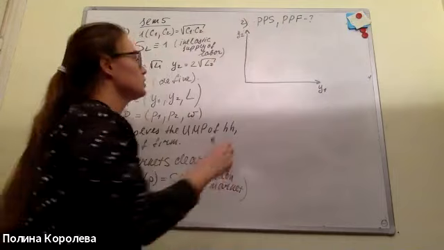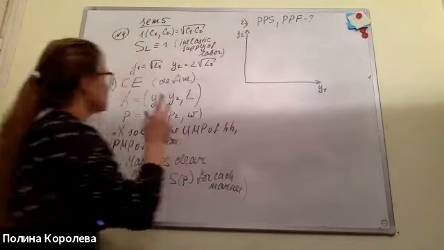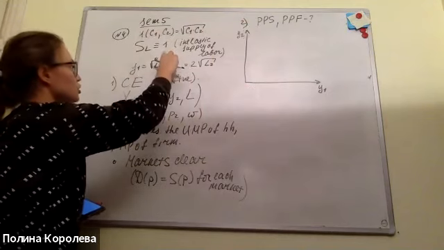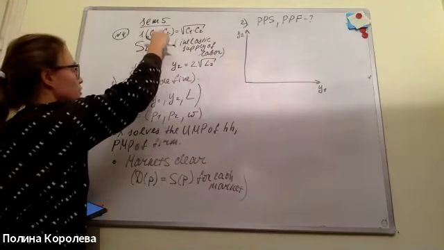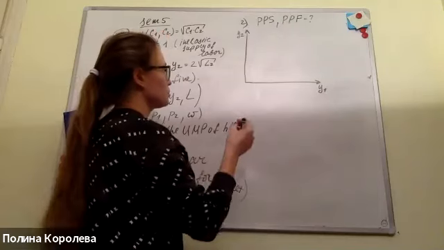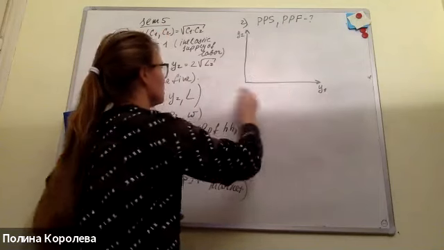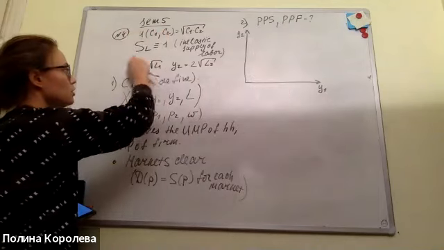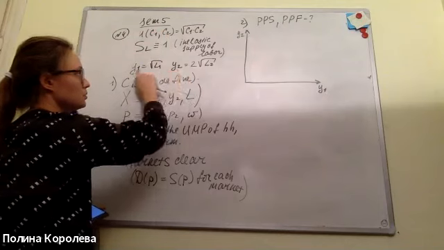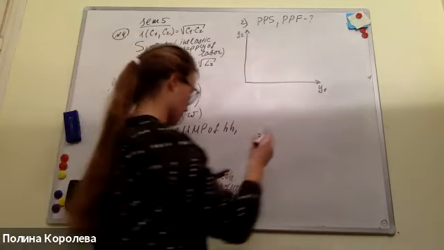To draw a line here, we should combine technologies and the amount of resources that we have. So for the equation of the PPF, the production possibility frontier, we should express our technologies in terms of the goods. So let us express from technologies.